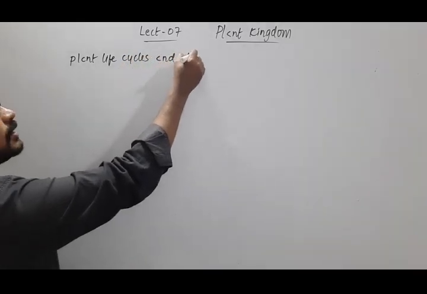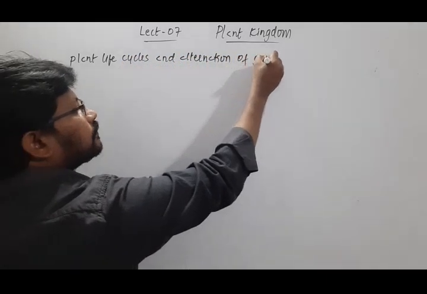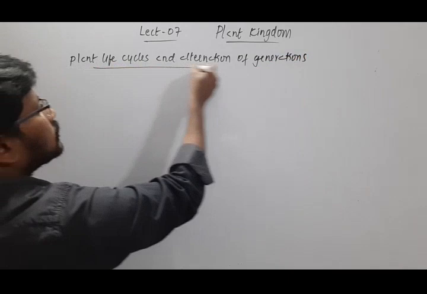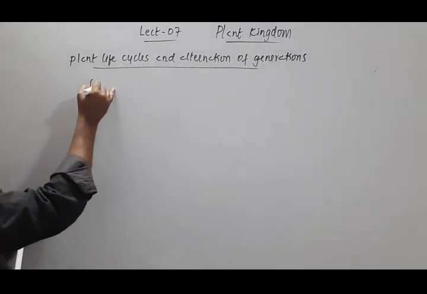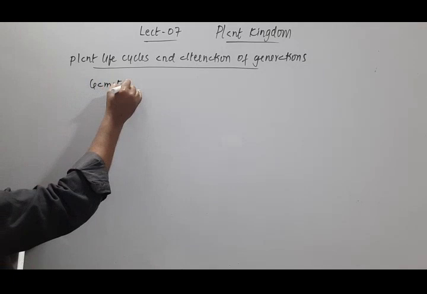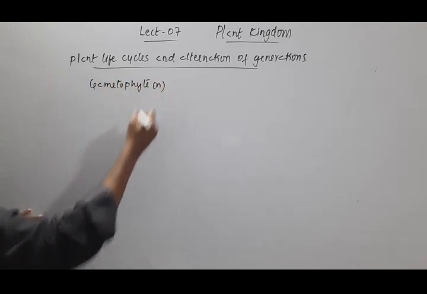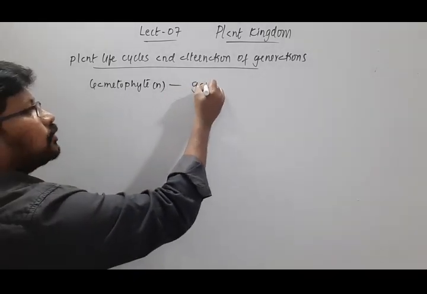and alternation of generations. So plant life cycles and alternation of generations. So here we know the gametophyte, which is haploid. Okay, so this gametophyte is gamete producing.